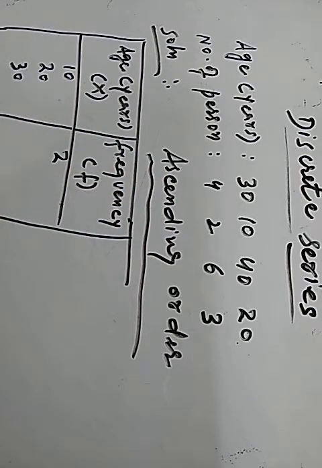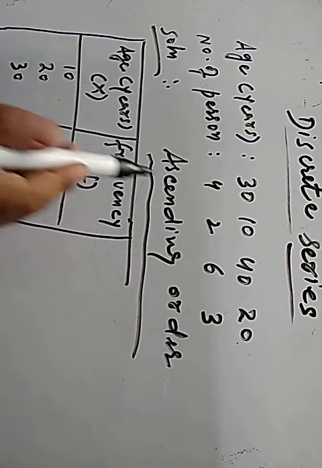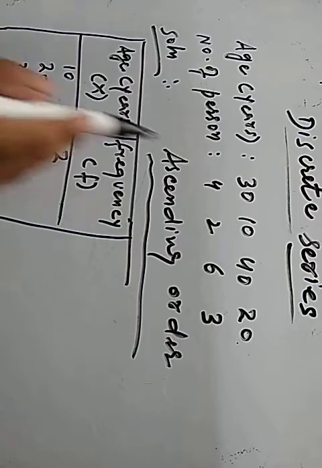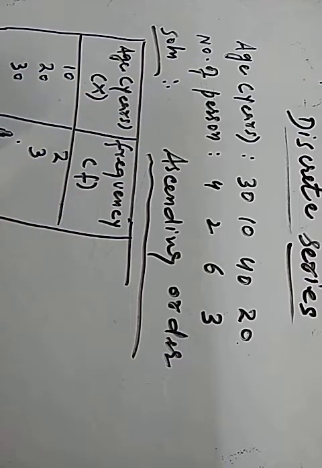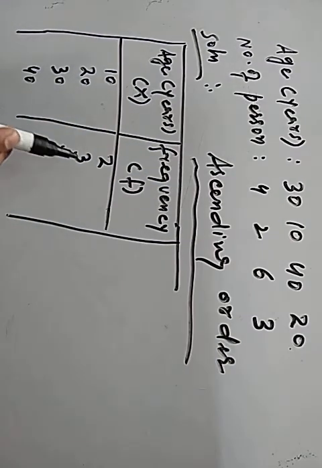Similarly, those having age equal to 20 years, the frequency is 3. For 30 it is 4. And the frequency of 40 is 6, means there are 6 persons whose age is equal to 40 years.